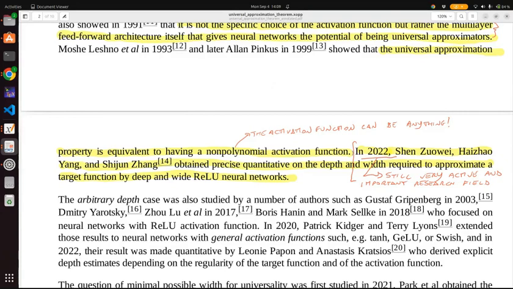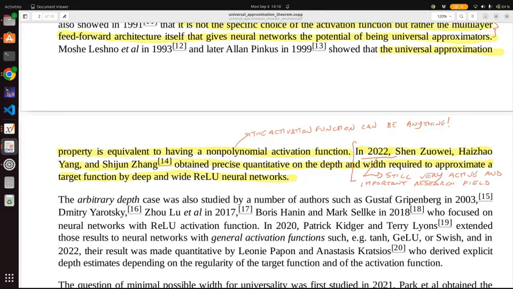And I want you to notice that in 2022, there is a quantitative result on the depth and the width of the neural network required to approximate a certain target function with a ReLU neural network.